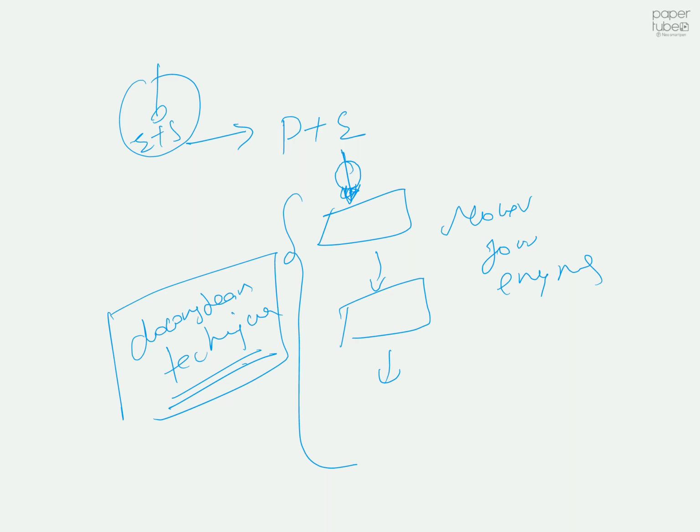So if the enzymes are expensive, we should recover, and then we should go for some of these downstream techniques. Few to mention, like filtration and centrifugation. Filtration we can perform using a membrane filtration, for example, or reverse osmosis.